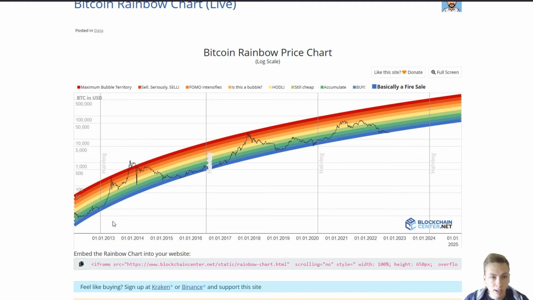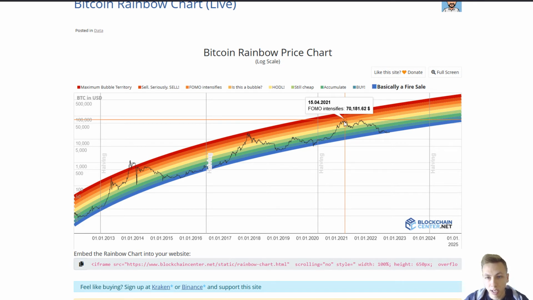As we can see, the first bull market top was actually going above this chart. The next one was just touching the top limit of the chart, and the last bull market high that we had didn't actually come to the red area.